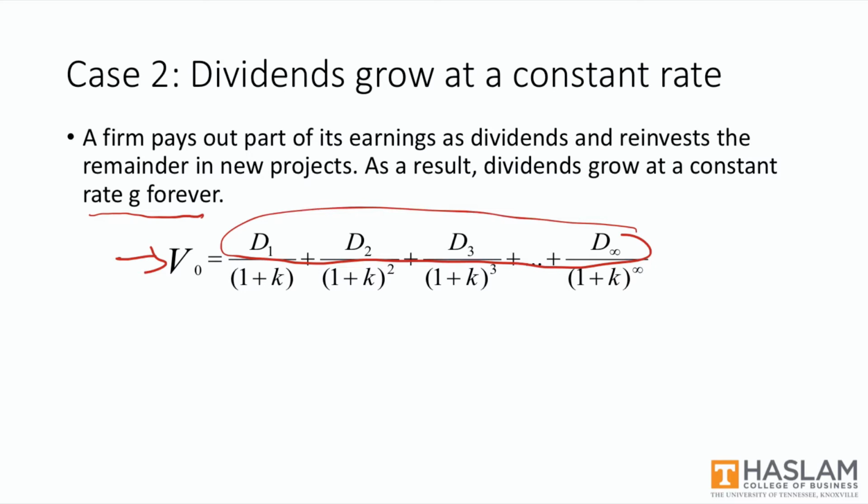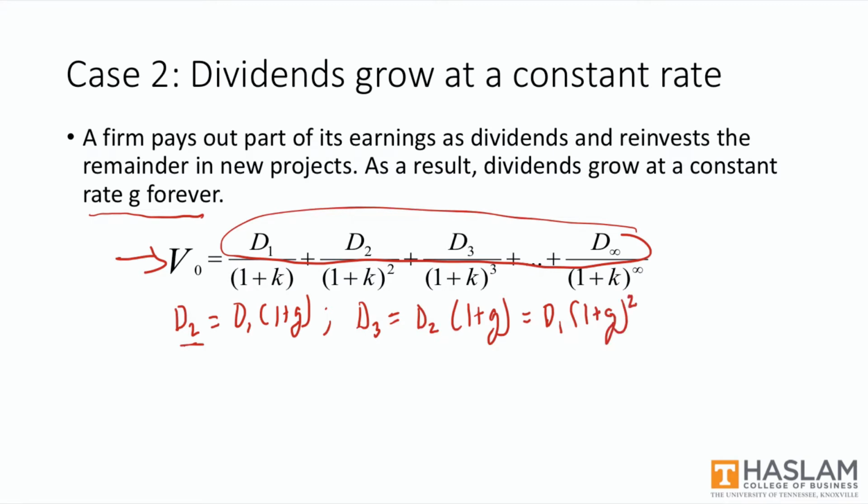And so because we have this constant growth rate G, we know that dividend at time 2 will equal the first dividend times 1 plus G. And then if we move forward, we also know that the dividend at time 3 is equal to the second dividend times 1 plus G. But of course, since we've already identified what the second dividend is, we could also write D3 as D1 times 1 plus G squared. And then we can continue writing all of these dividends as such.